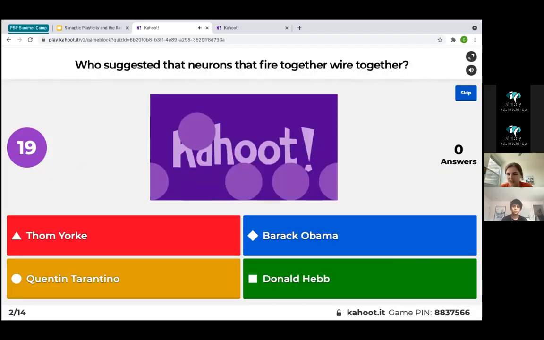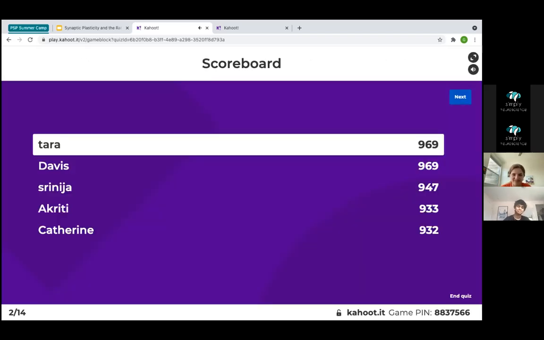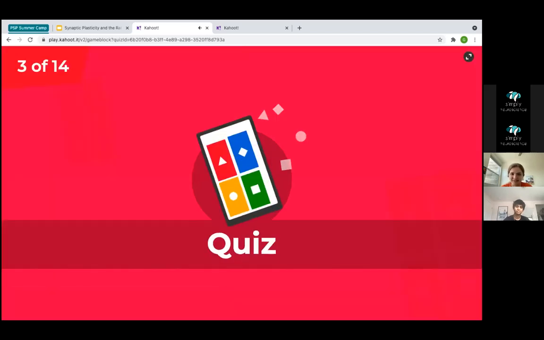Who suggested that neurons that fire together wire together? This was one of our check-in questions. Yes, 100% again. Look at you all go. That's awesome. Some healthy competition. All right, next question.